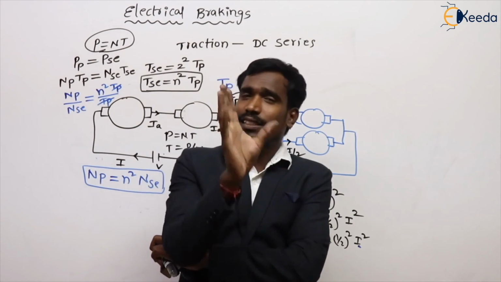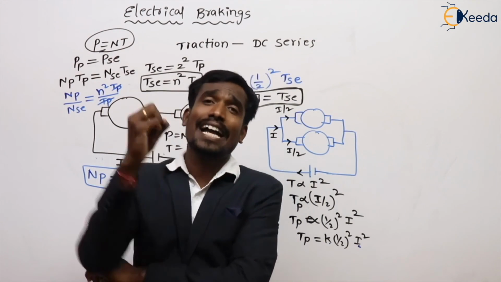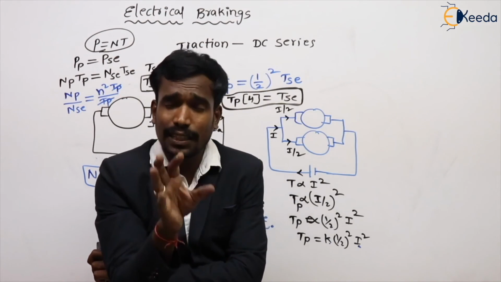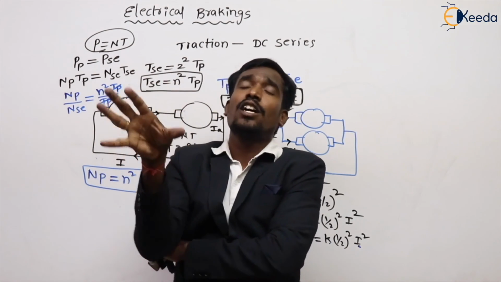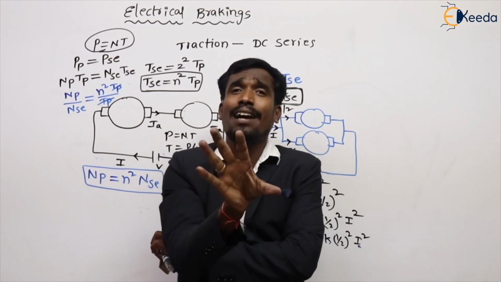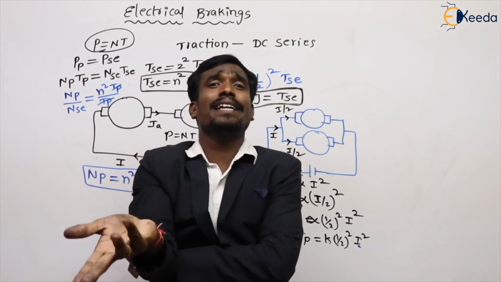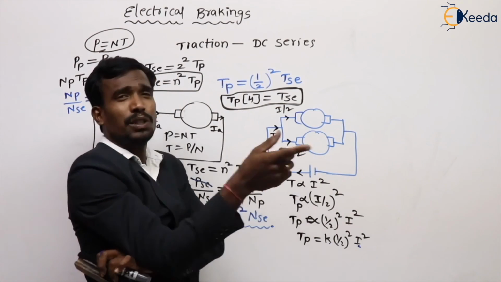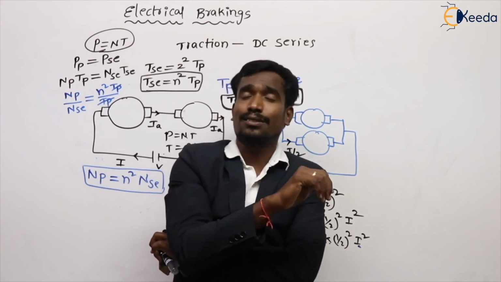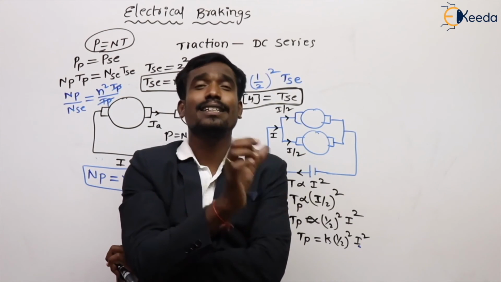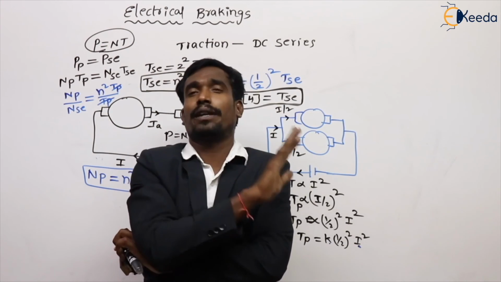That's why at starting we require a high starting torque, so the series motors should be connected in series to get it, and at running we must have a high speed, so the series motors should be connected in parallel. That's why it is called series-parallel. The series-parallel connection is preferable.